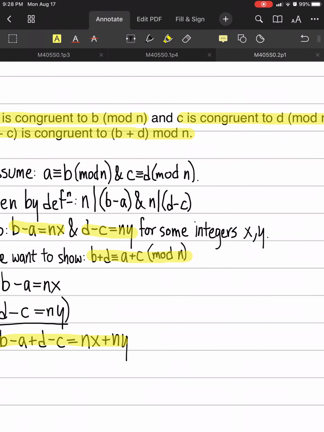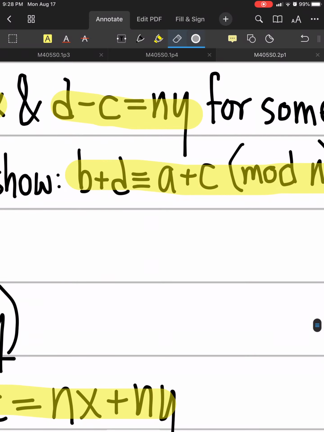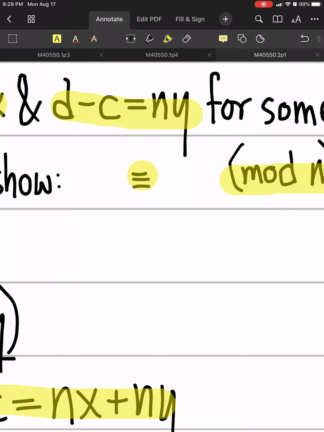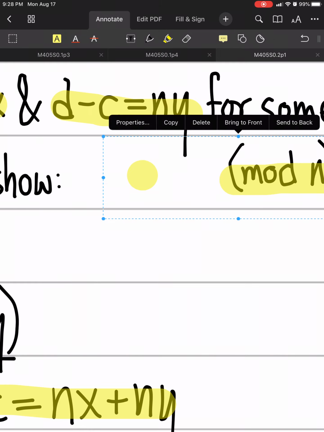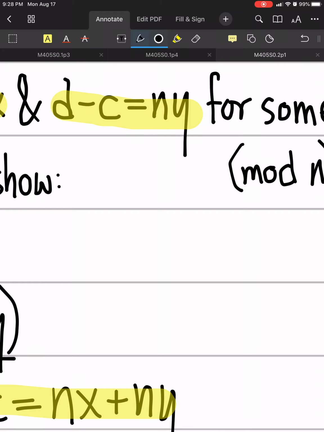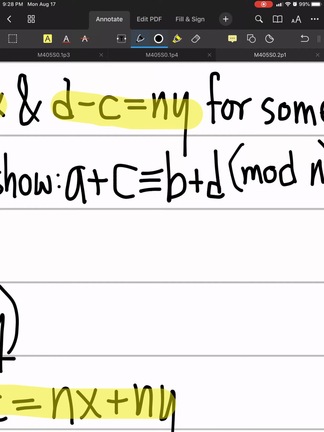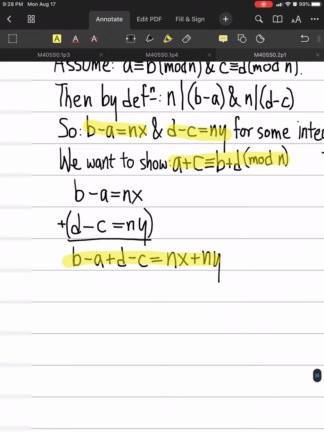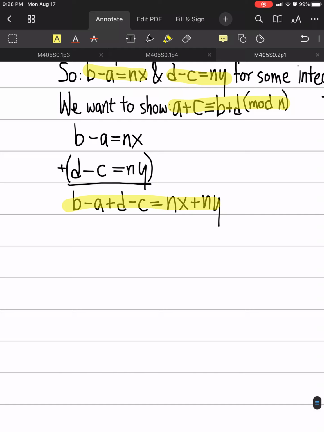Like I said, it doesn't matter, but let's go ahead and fix this anyway. So this should be A plus C congruent to B plus D mod n. Sorry about that. This doesn't actually make any difference because it's easy to show that congruence works either way, but just so I have it according to the definition, I wanted to rewrite it there.